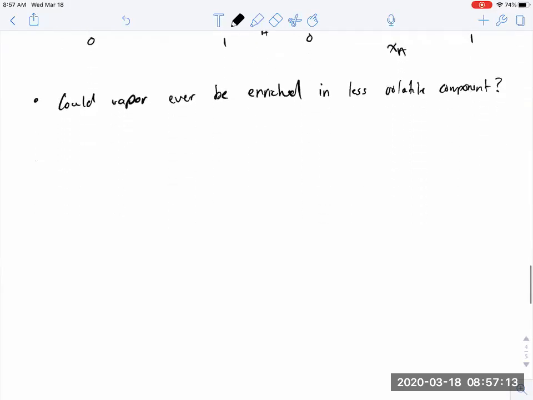Let's think of a common example in the temperature mole fraction plane: a mixture of water and ethanol.